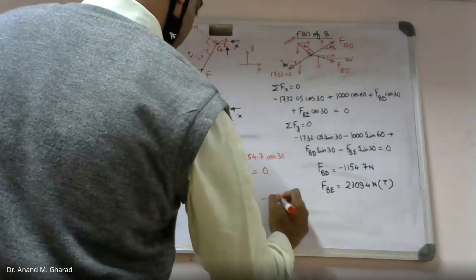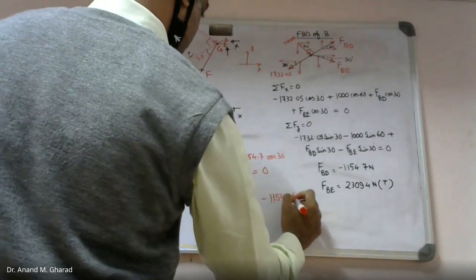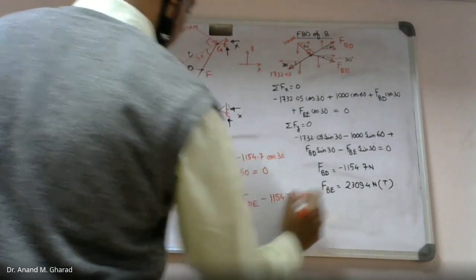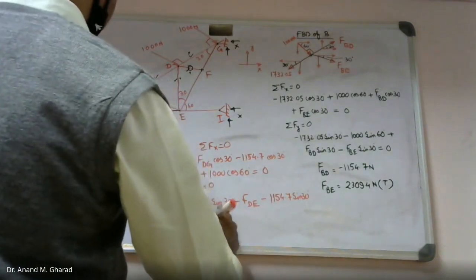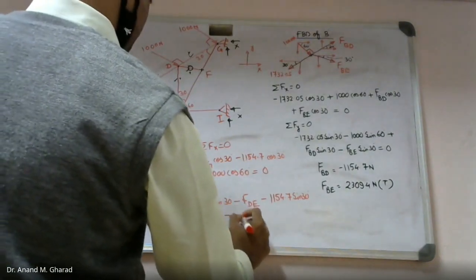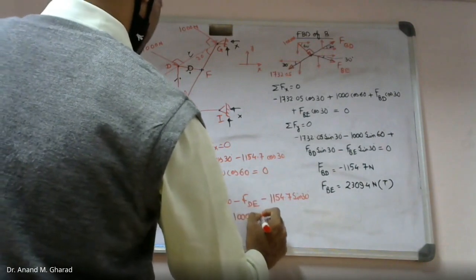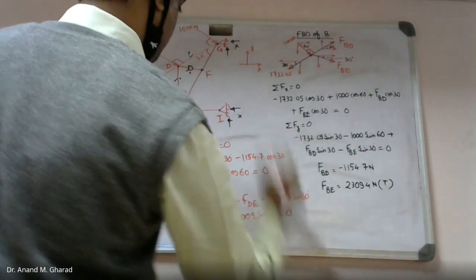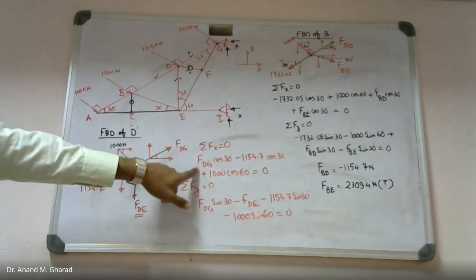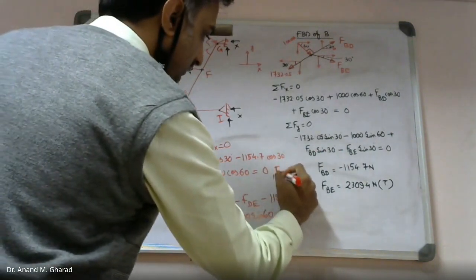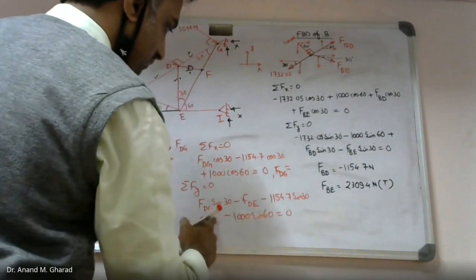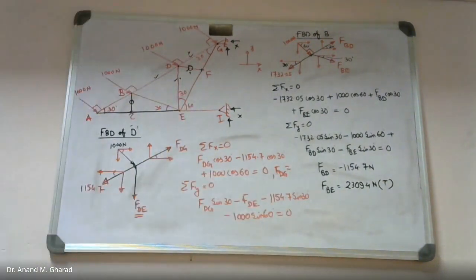Minus 1154.7 sine 30 and minus 1000 sine 60 equal to 0. So from this equation, you can get the value of FDG. Then you can substitute the value over here and get the value for FDE.